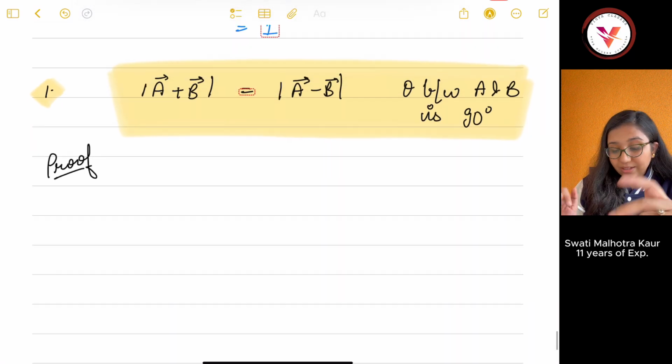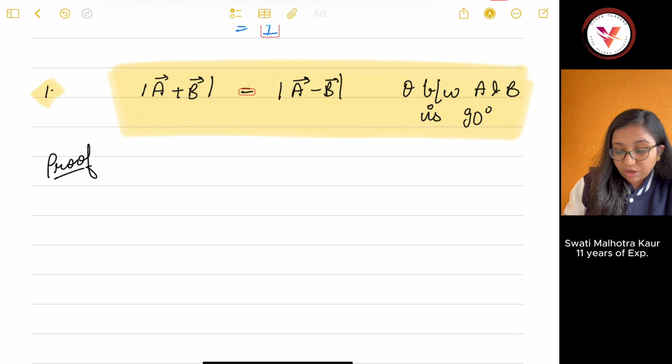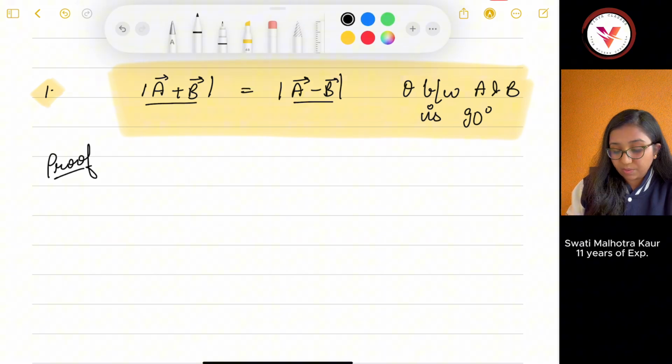Okay, now again there's a tip. In this tip, whenever you have to deal with this A plus B and A minus B magnitude, always square them and you will achieve whatever you want.